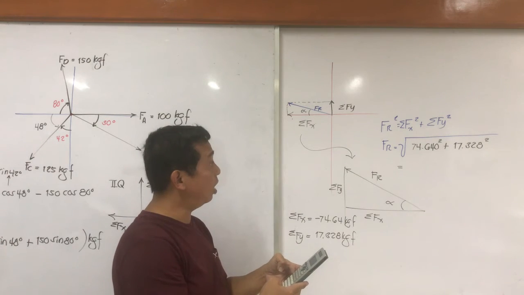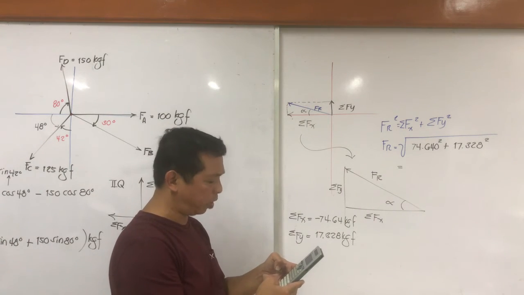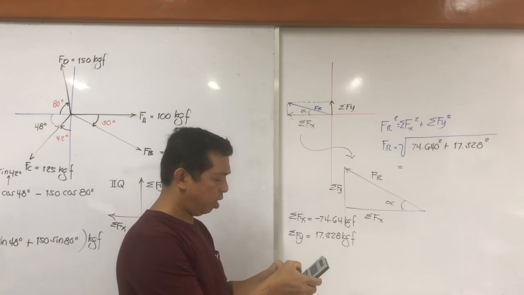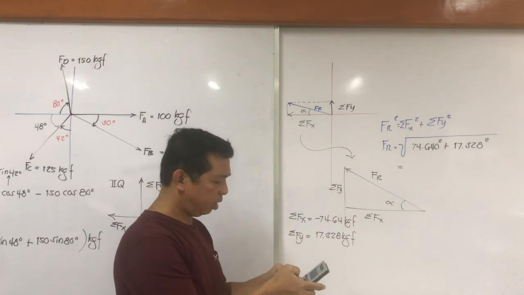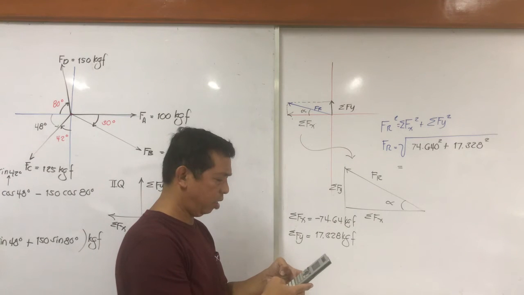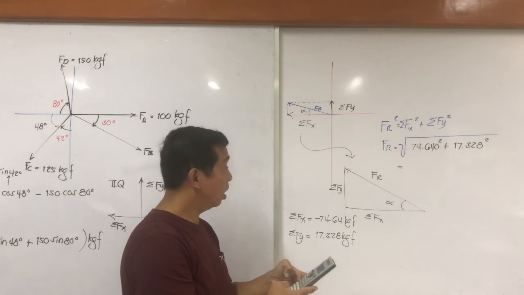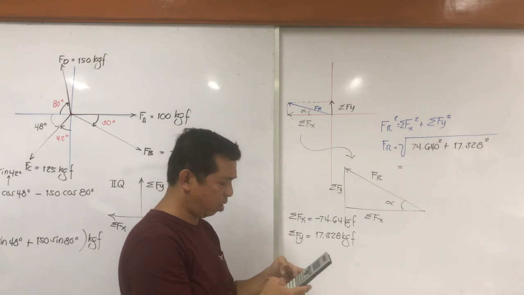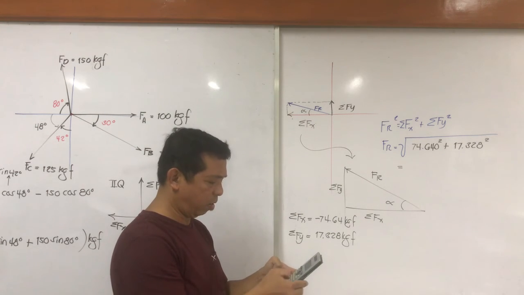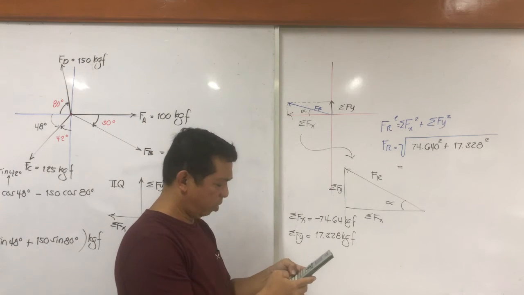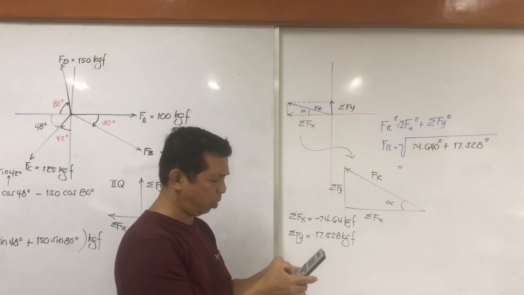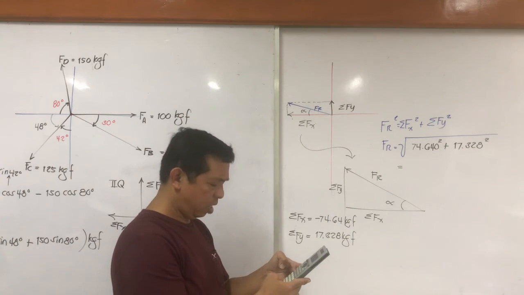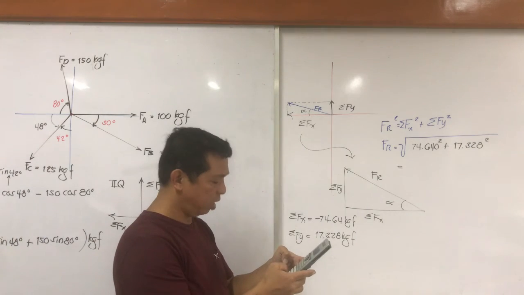Then extracting the root of the sum of the squares. I'm just double checking.